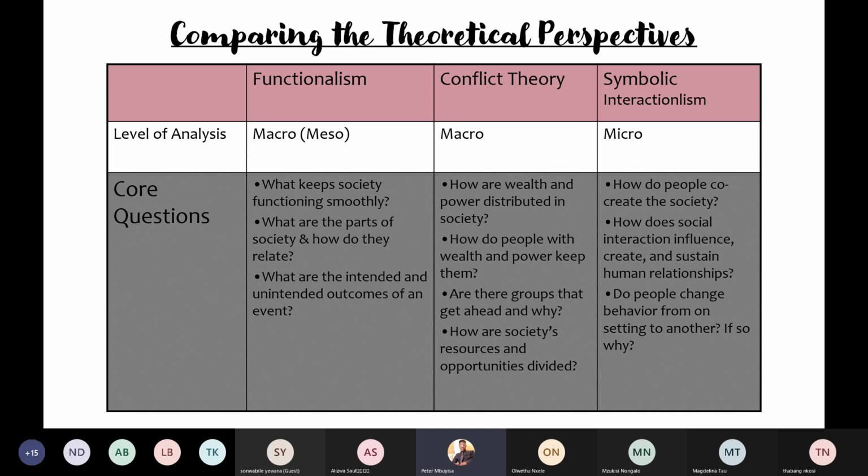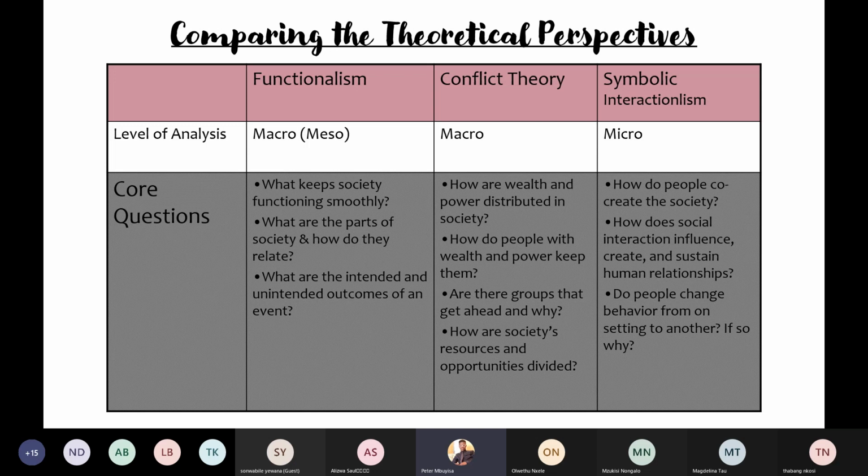While with symbolic interactionism, we start looking at the contributions of individuals, of social agents, to broader society. So we look at how society is co-created by individuals. That's what we think about.